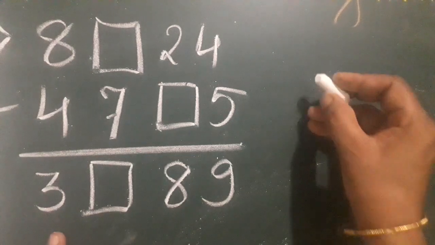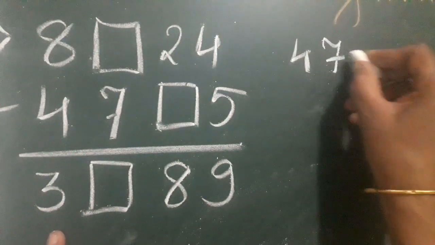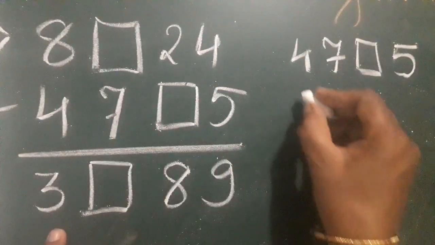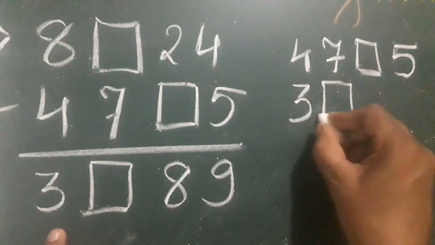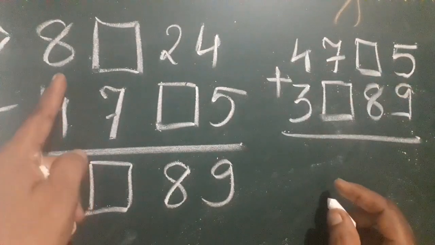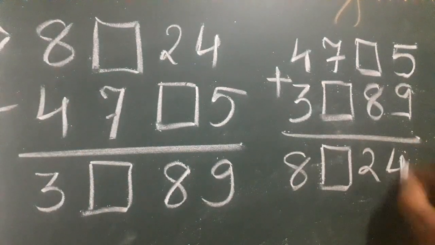Now we will add the bottom line two numbers, that is 4, 7, box and 5. And this is 3, box 8 and 9. And this should be my answer, 8, box 2 and 4.